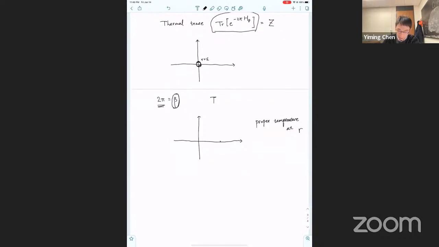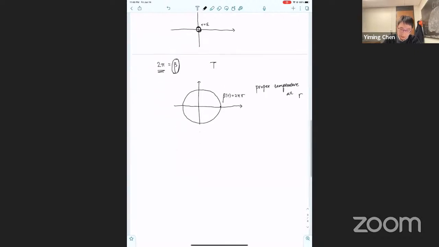We should look at the proper length of the circle at radius r, which is simply 2 pi r. So beta at location r should be 2 pi r, which tells us that the local temperature should be not really 1 over 2 pi, but rather 1 over 2 pi times r.